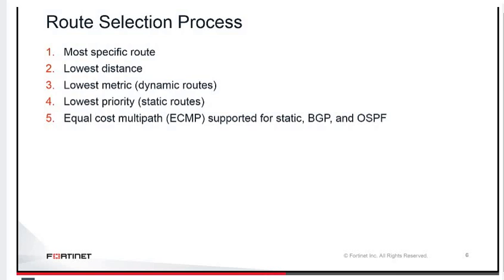In the case of static routes, the priority is used instead. If there are multiple routes with the same net mask, distance, metric, and priority, FortiGate shares the traffic among all of them. This is called Equal Cost Multipath, ECMP. ECMP is supported for static, BGP, and OSPF routes.